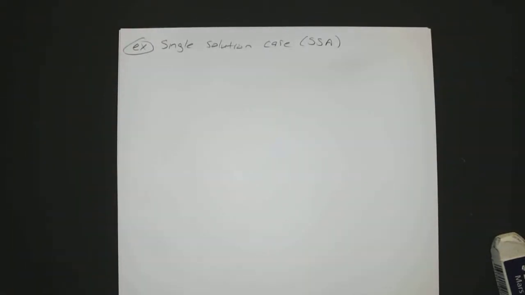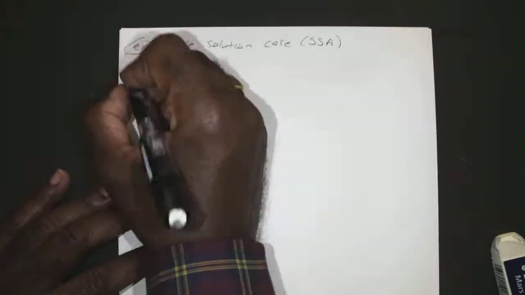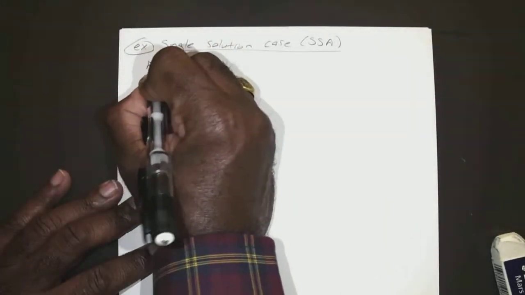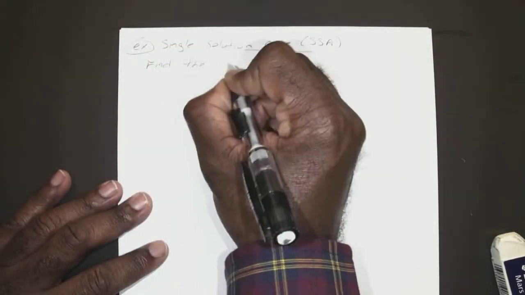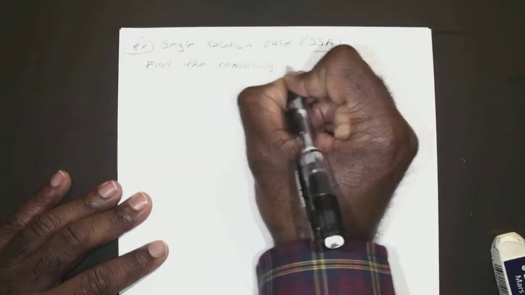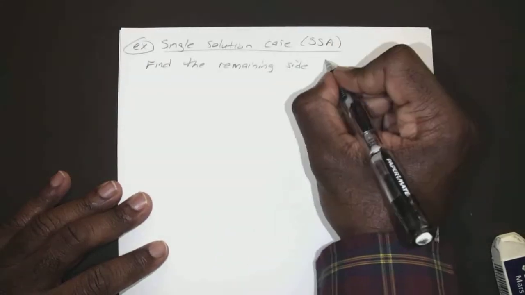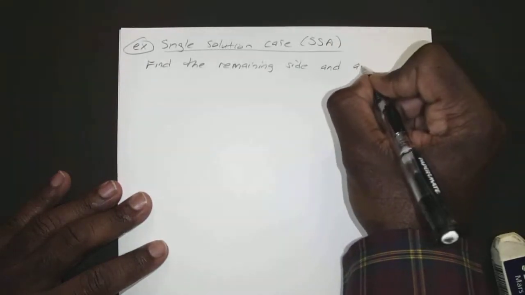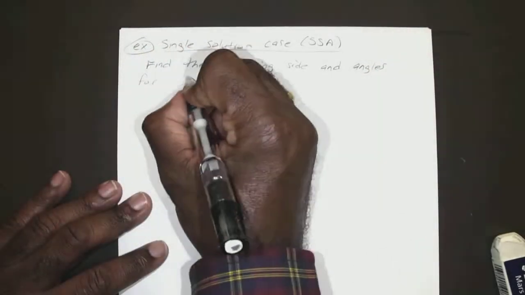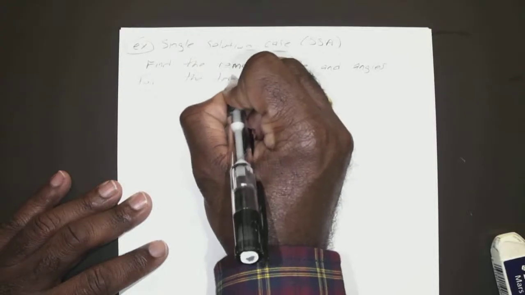I'll show you what I mean by that. When you have two sides and an angle, kind of separate that. So let's say we want to find the remaining side and angles for the triangle.